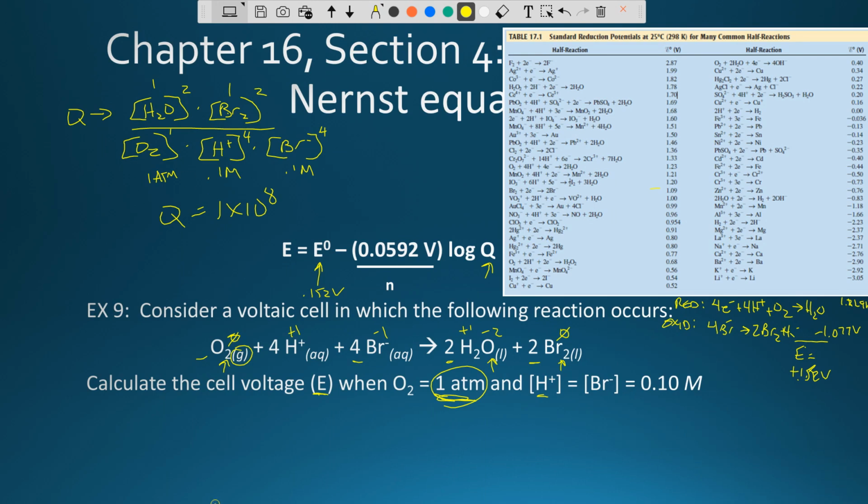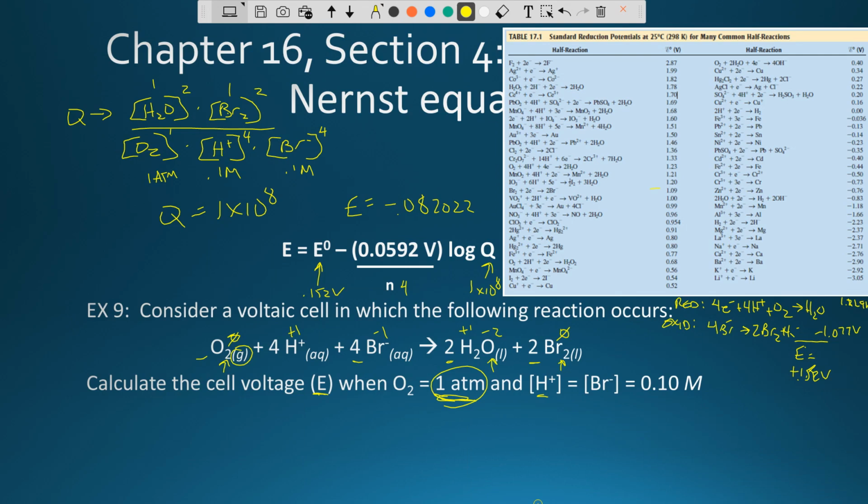Now let's use the Nernst equation because this ended up being 1 times 10 to the 8th. So doing all of that, 0.152 minus this. Remember, my number of moles involved was going to be a 4, so I take this times the log of 1 times 10 to the 8th divided by 4, subtract, and I end up with an E value in this case of negative 0.082022.